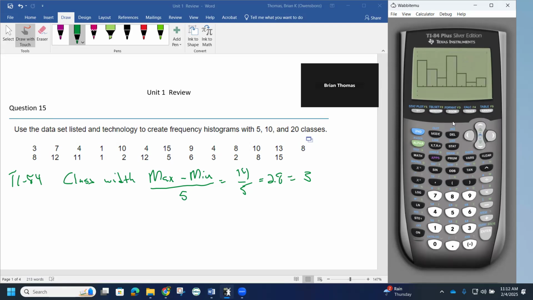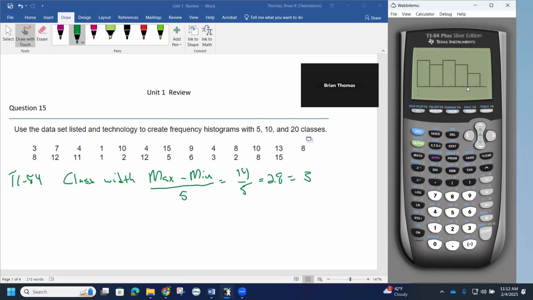The catch is it auto generates its own histogram, but what I need to do is fix the window. On the window, I need to change my X scale from 2.3 to 3, because that's what our class width was. If I change that to 3 and go back to graph, it should generate just 5 classes: 1, 2, 3, 4, 5.